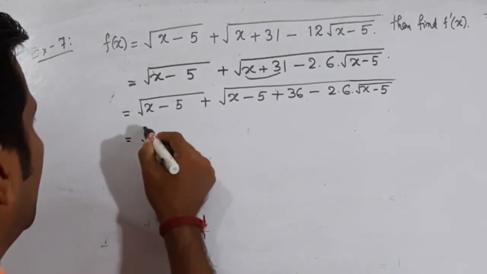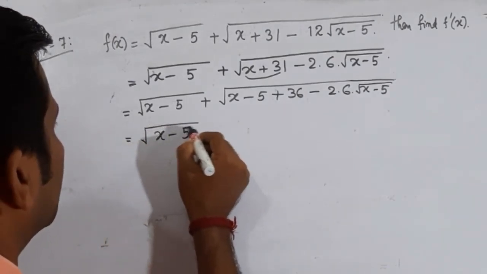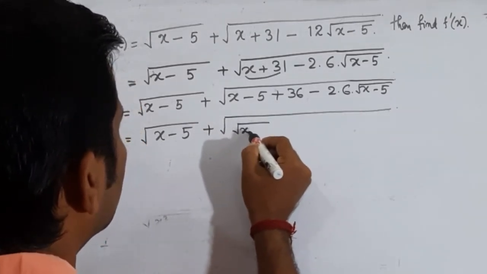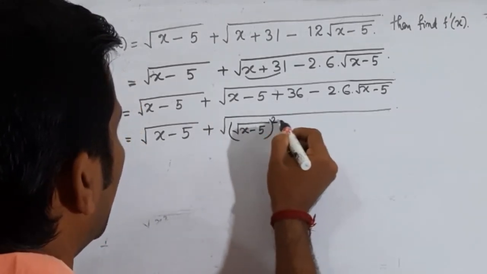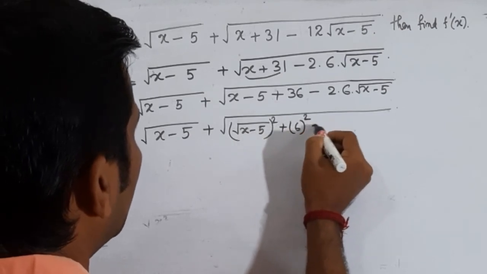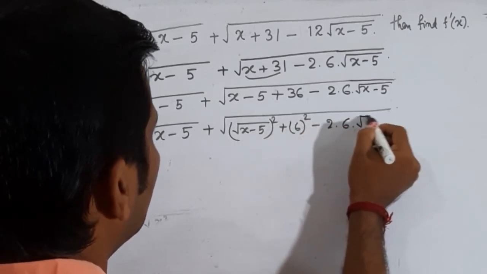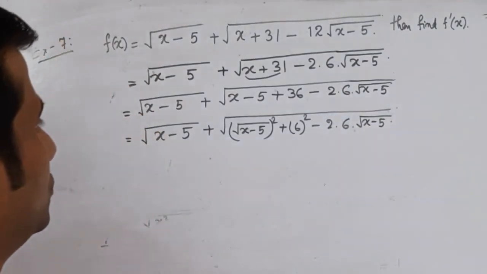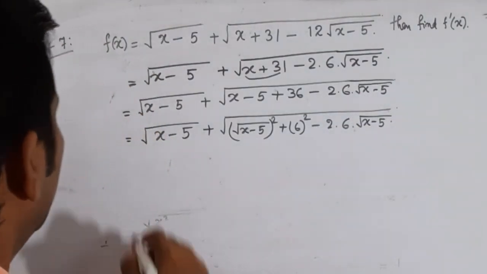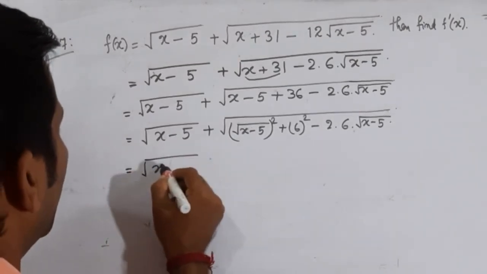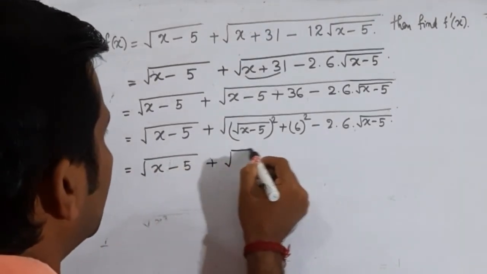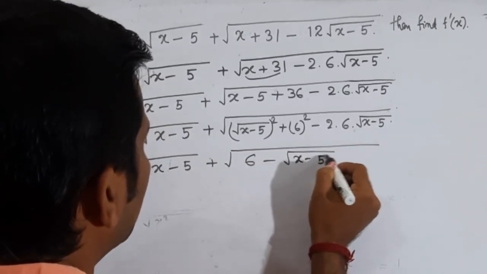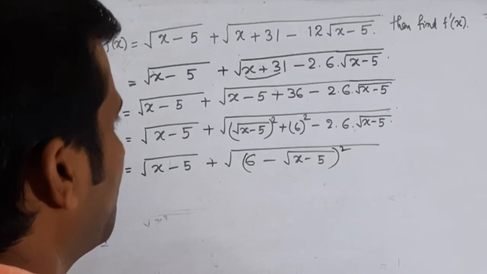That means root over x minus 5 square plus 6 square minus 2 into 6 into root over x minus 5. So what we get? This is equal to root over x minus 5 and 6 minus root over x minus 5 its whole square.